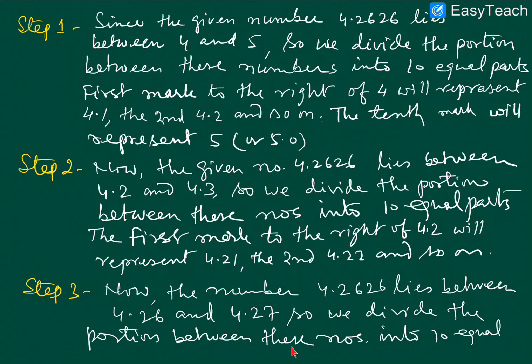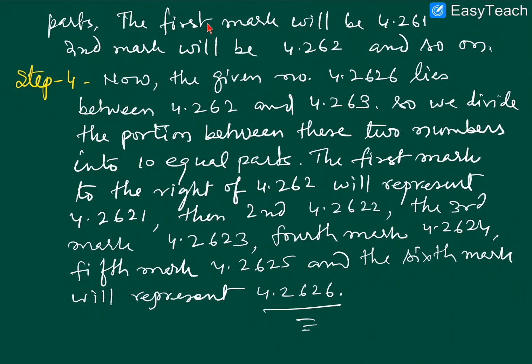So we divide the portion between these two numbers into 10 equal parts. The first mark to the right of 4.26 will represent 4.261, the second mark will be 4.262 and so on.